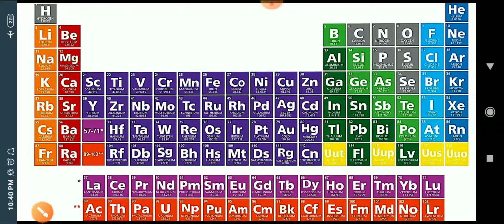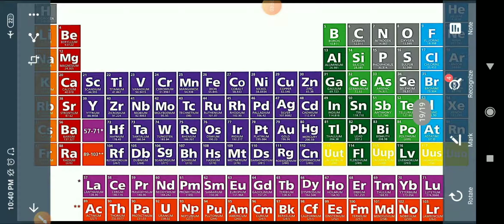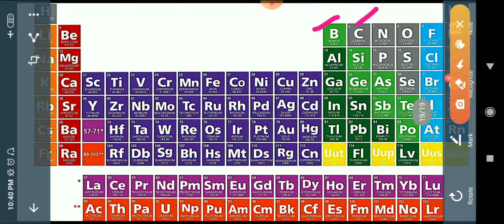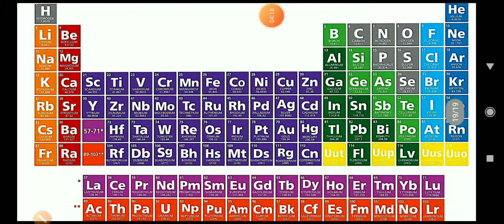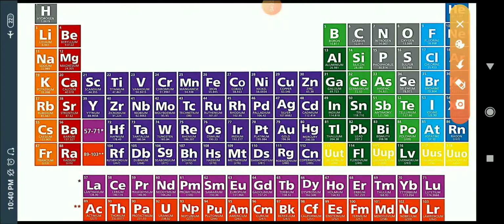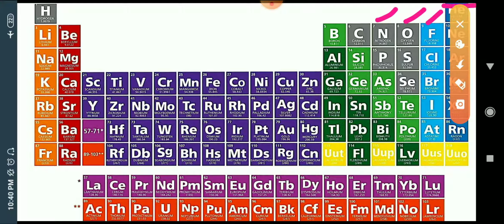During the first year in 11th class we have already discussed two groups of the P block. This is the boron family and carbon family, the 13 and 14 groups. In the class 12 syllabus we will study four other groups: 15 group, 16 group, 17 group and 18th group.